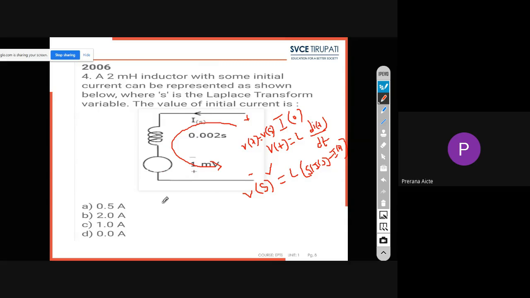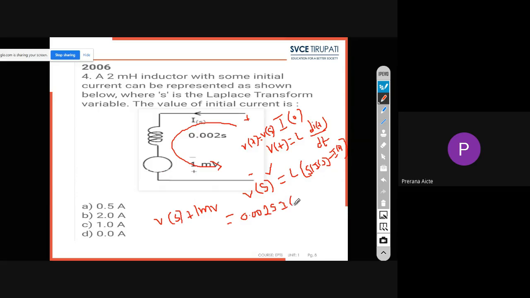What is the formula now? Apply KVL in this loop. V of s plus 1 millivolt is equal to 0.002 S into I of s.